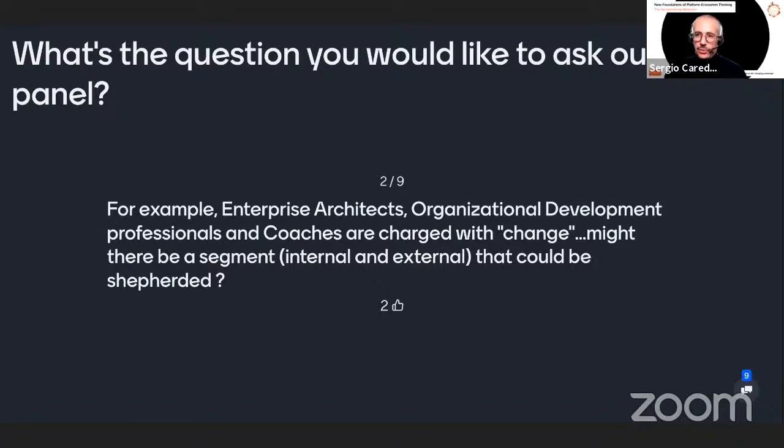So your question is very interesting, because I think we need a lot more of this. And we need these people to come out of the silos in which they're embedded, because to be fair, I've often seen in my experience that if you get an enterprise architect and an organizational design expert to talk, they seem to come from two different planets, even if at the end they should be talking about the essence of the organization. So that's definitely something we need to think about.